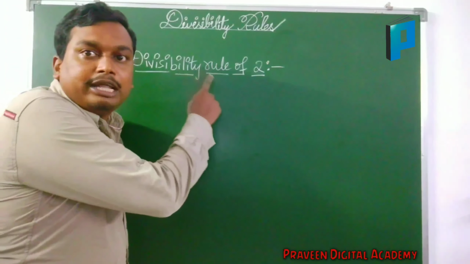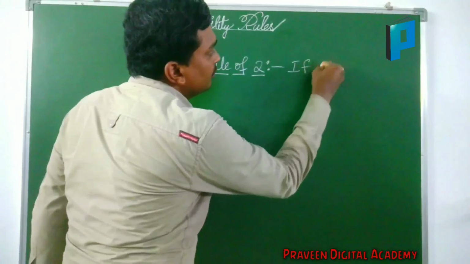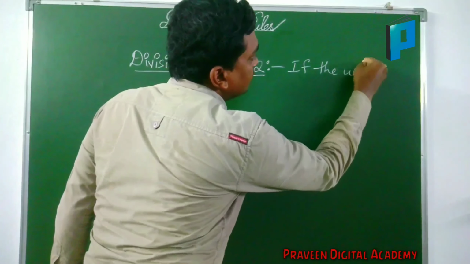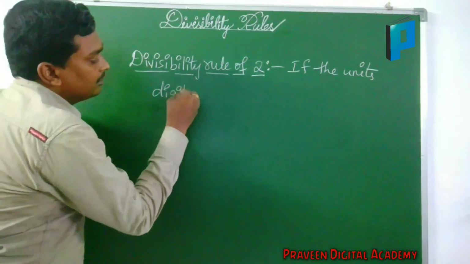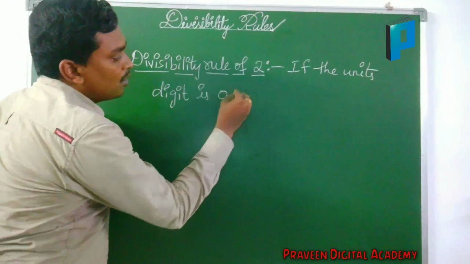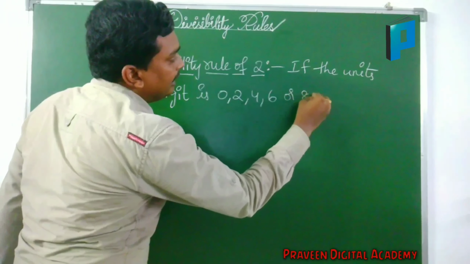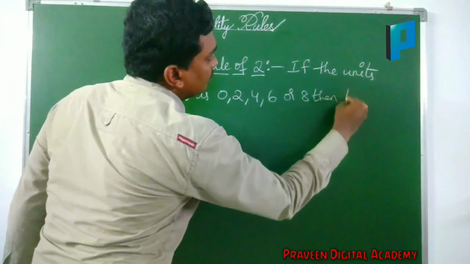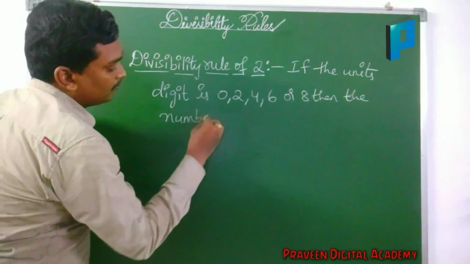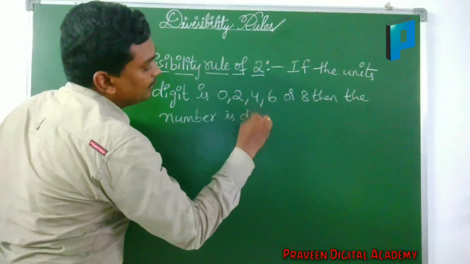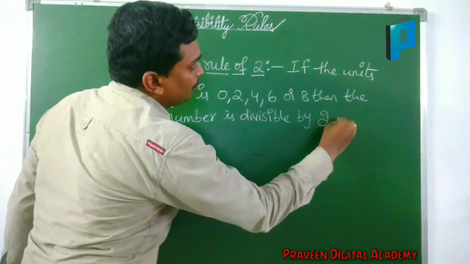Next, divisibility rule of 2. Here, if the unit digit is 0, 2, 4, 6 or 8, then the number is divisible by 2.